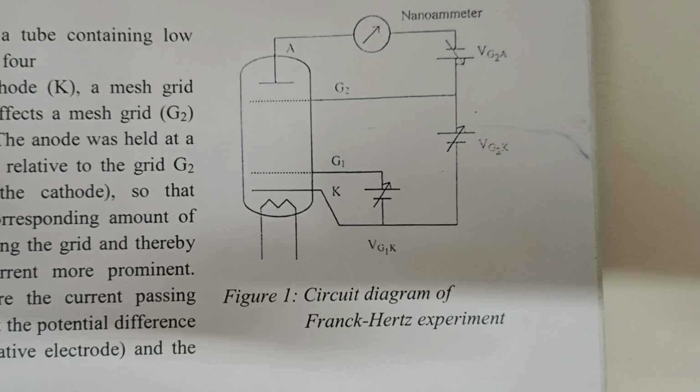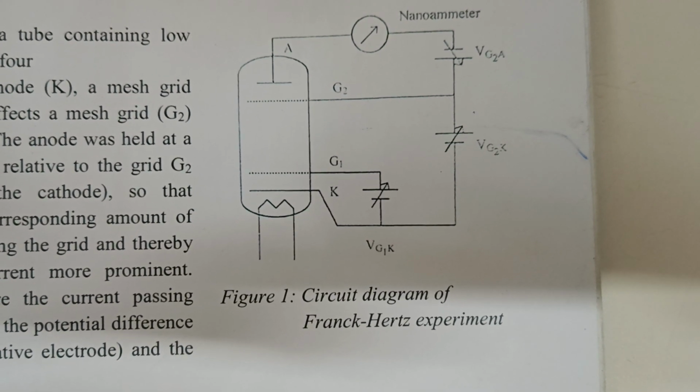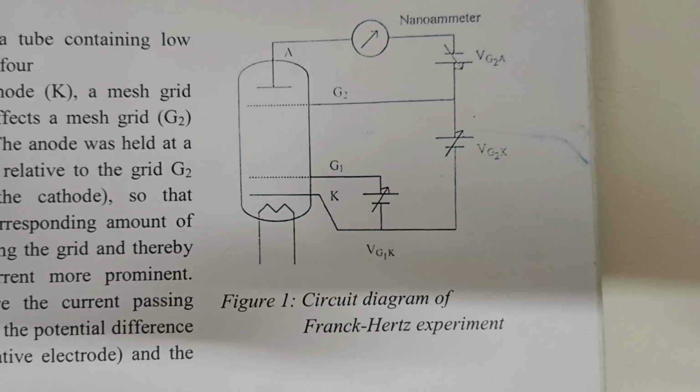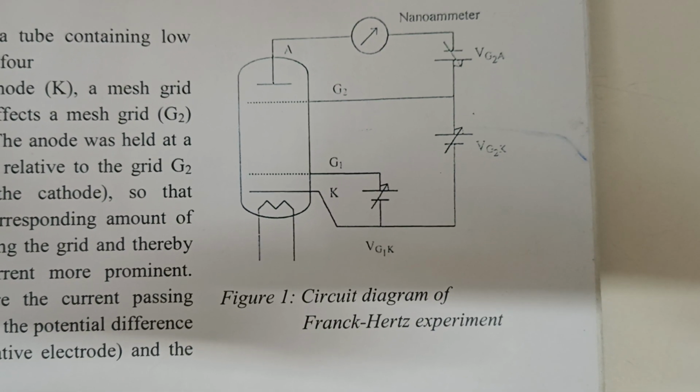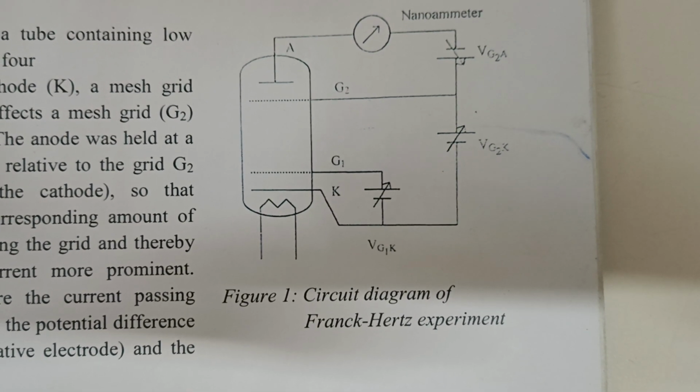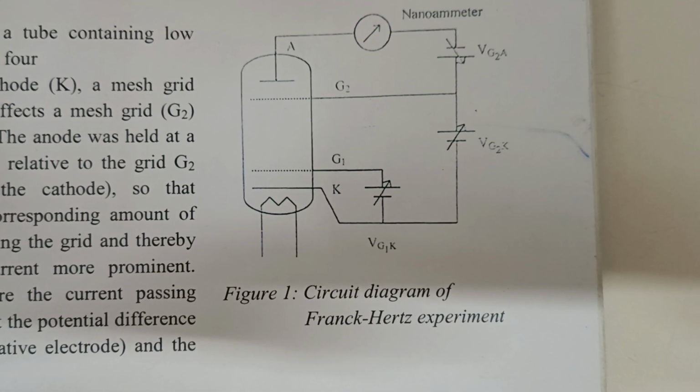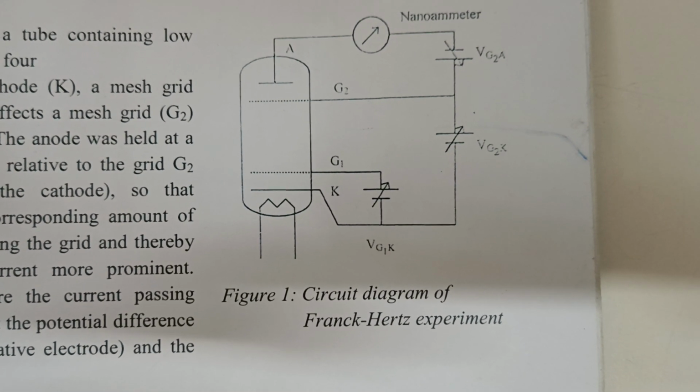So the electrons which pass through grid 2 will reach anode A if and only if they can overcome the force of repulsion between the anode and their direction of flow.